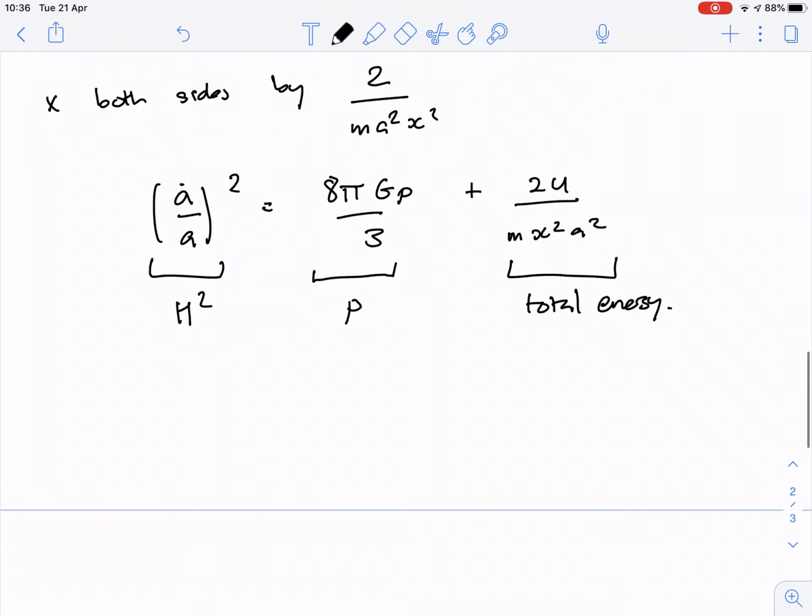And quite commonly, we will replace k c squared equals minus 2U over m x squared.